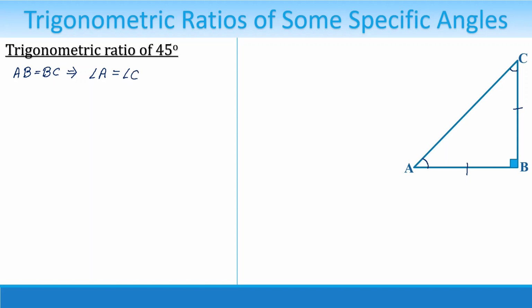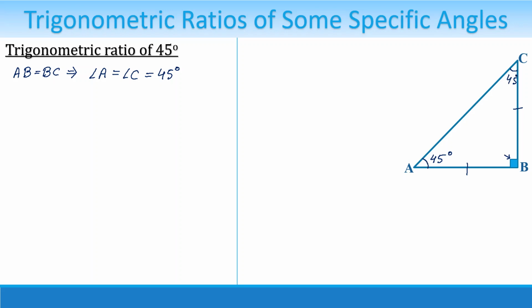Also, in this triangle, this angle is already of 90 degree. So the sum of the remaining two angles will be 90 degree. And since both of them are equal, each one will be half of 90 degree, that is 45 degree. Which means for an isosceles right angle triangle, the angles other than 90 degree will have the measurement of 45 degree each.